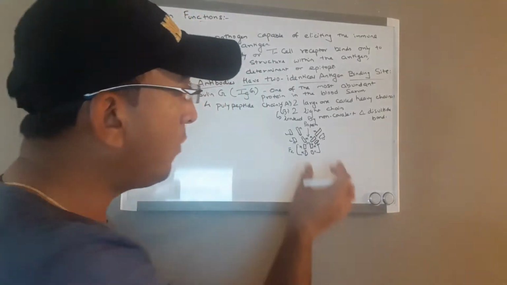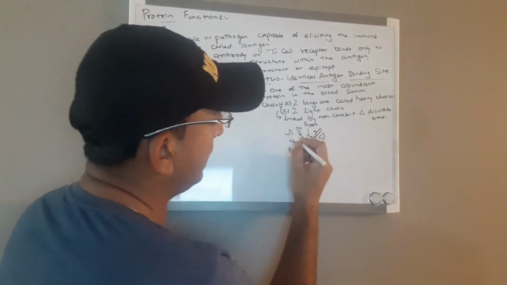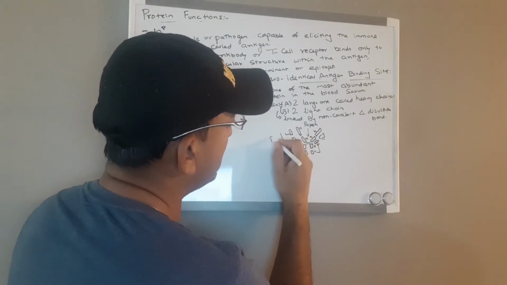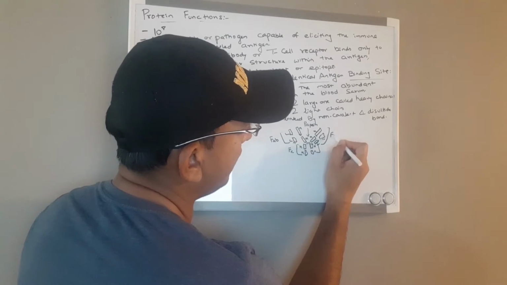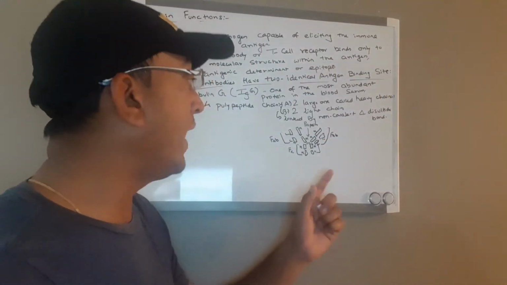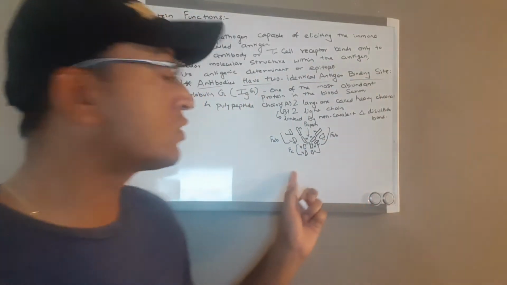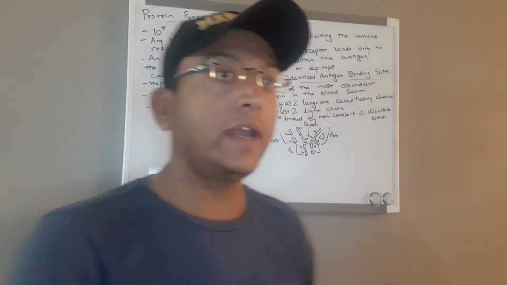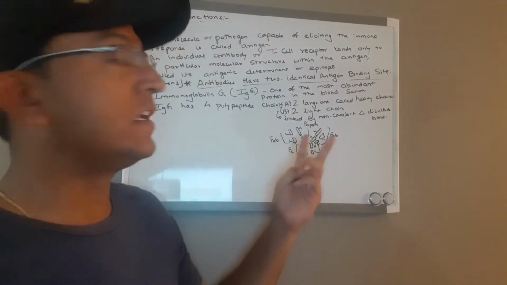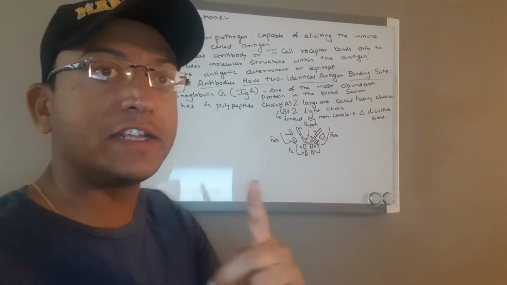And then the two branches, here and here, are called Fab. That's why the two branches are called the antigen binding fragment, Fab, right? And each branch has a single antigen binding site.